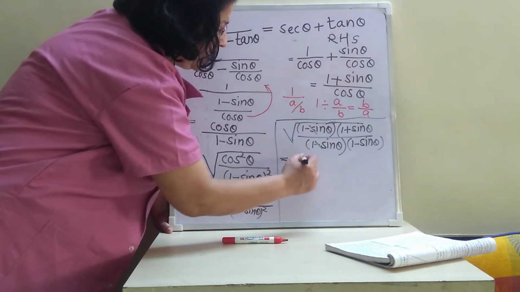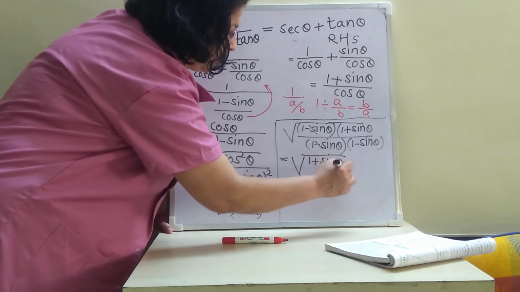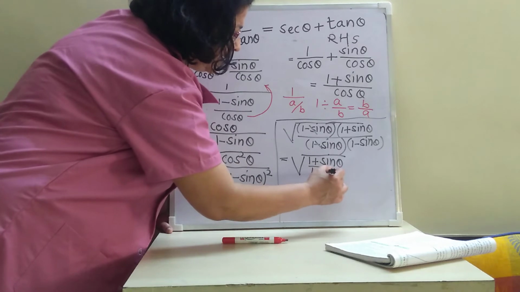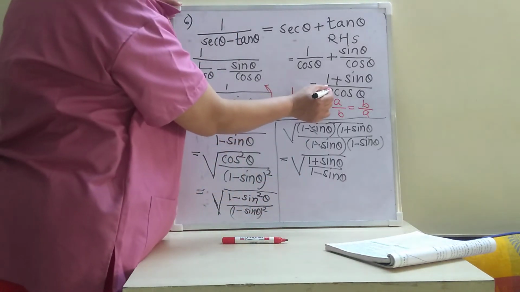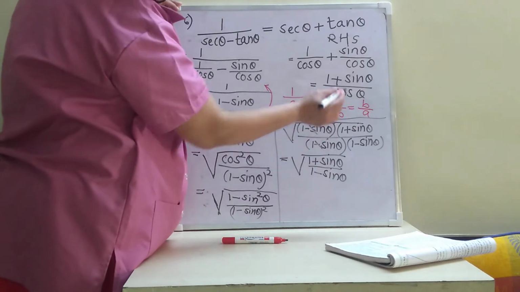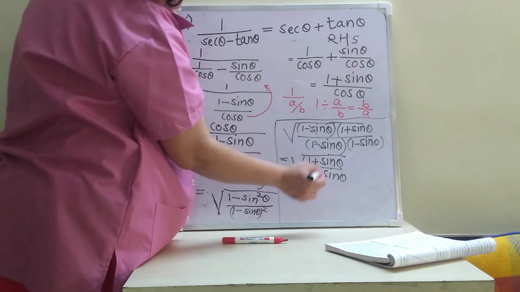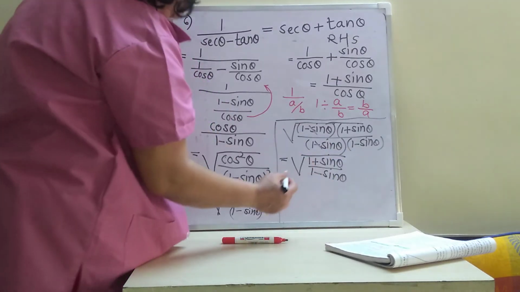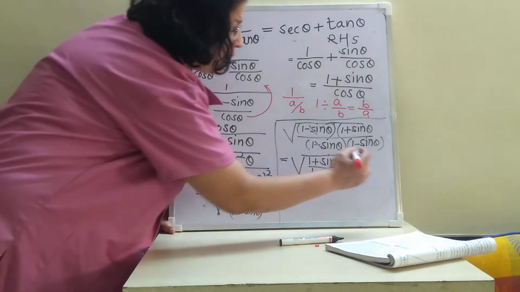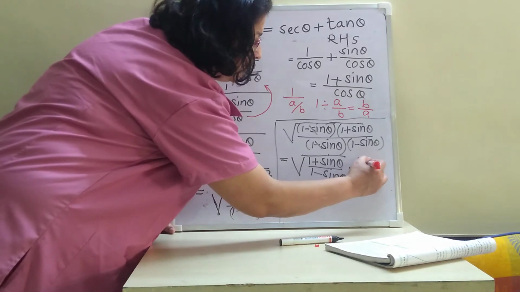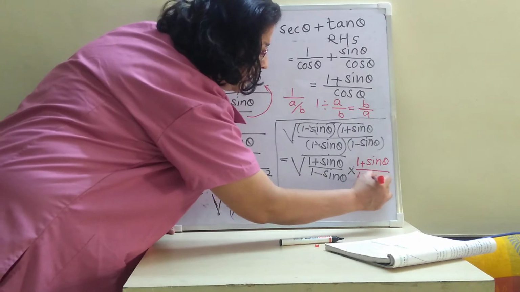I am going to get 1 plus sin theta upon 1 minus sin theta. Okay, now can I write it in terms of this? I want here cos square theta, means I should get here 1 minus sin square theta. How can I get it? If I multiply both this by 1 plus sin theta and here also 1 plus sin theta.